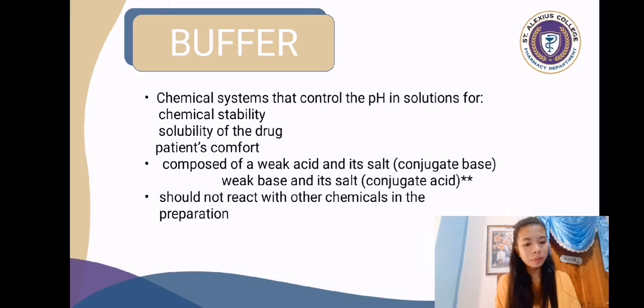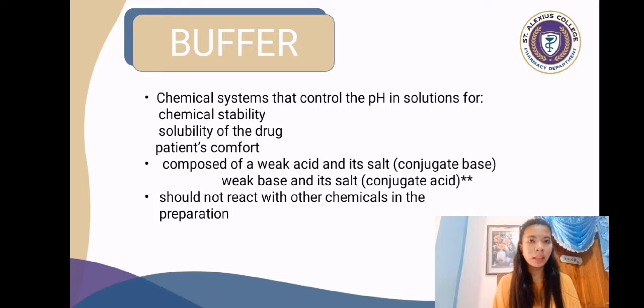So, a buffer is used, as they say, to control the pH or to resist changes of pH in a chemical. Because there will be times, there are really instances, that when we store a chemical, say the chemical is neutral, and we store it for a long period of time, it changes into basic because of the influence of external factors.